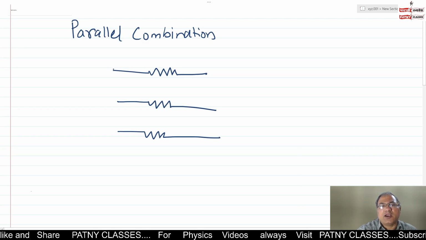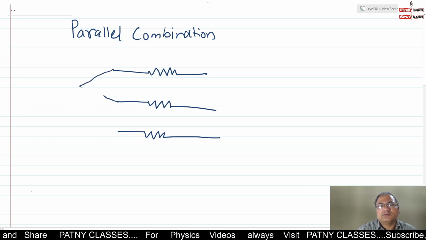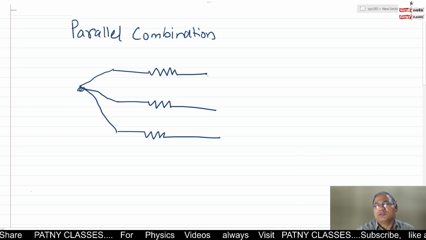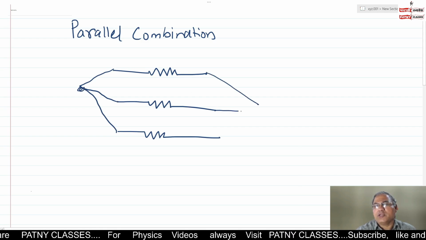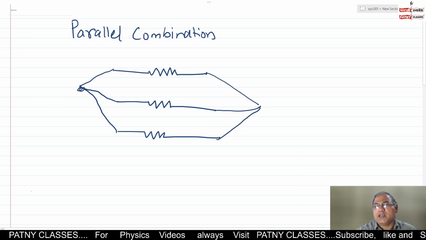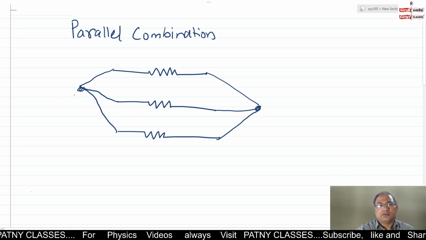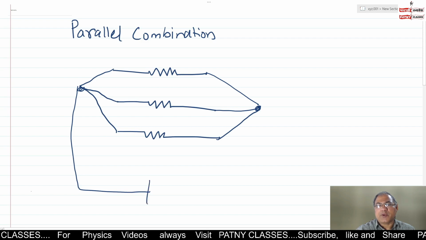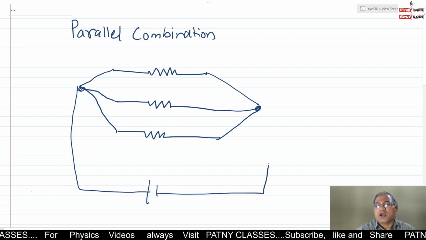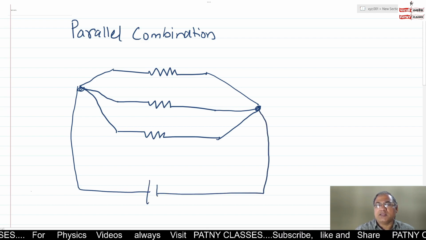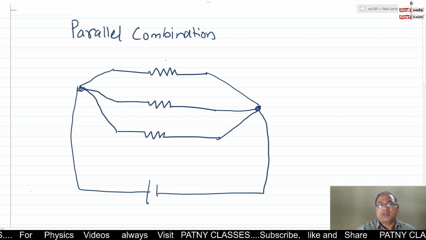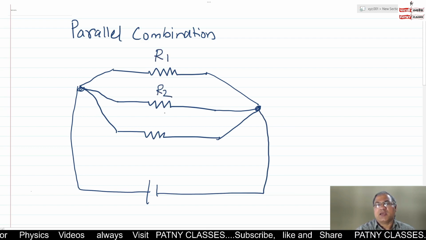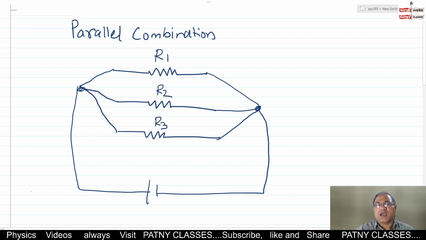The starting ends of all the resistors are connected together, and the end points of all resistors are connected together. From here we give the supply from the battery, and the other negative terminal goes to the other end of the combination.